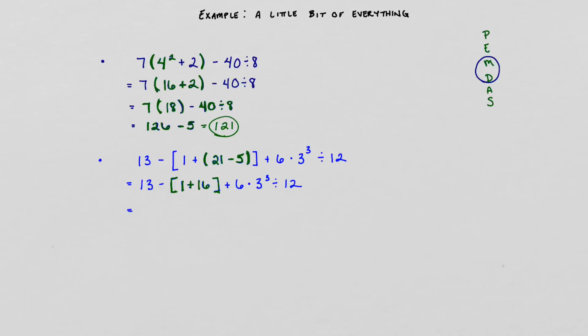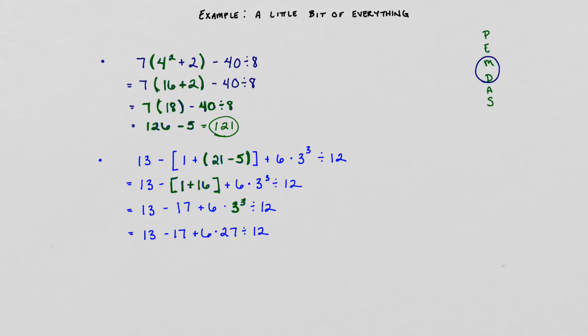This will give us 13 minus 17, plus 6 times 3 cubed divided by 12. Returning to our checklist, we can now see that we have to target our exponents, so our 3 cubed. This will give us 13 minus 17, plus 6 times 27 divided by 12.